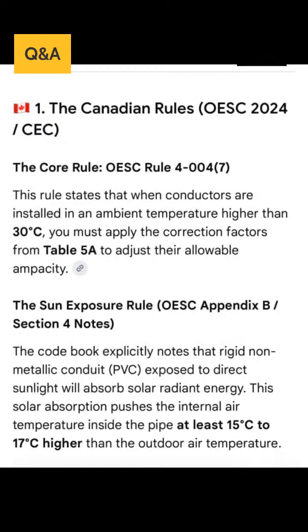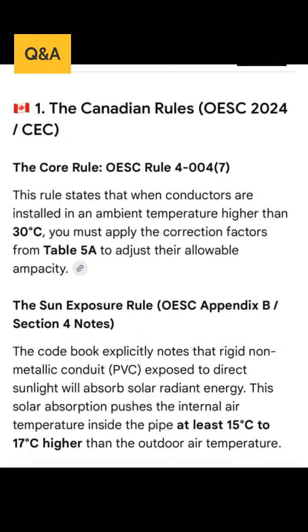And this is the Canadian rule, OESC 2024, the core rule, OESC Rule 4-004, number 7. This rule states that when conductors are installed in an ambient temperature higher than 30 degrees Celsius, you must apply the correction factors from Table 5A to adjust the allowable ampacity. The sun exposure rule, OESC Appendix B, Section 4 notes: the code book especially notes that rigid non-metallic conduit, PVC, exposed to direct sunlight will absorb solar radiant energy.